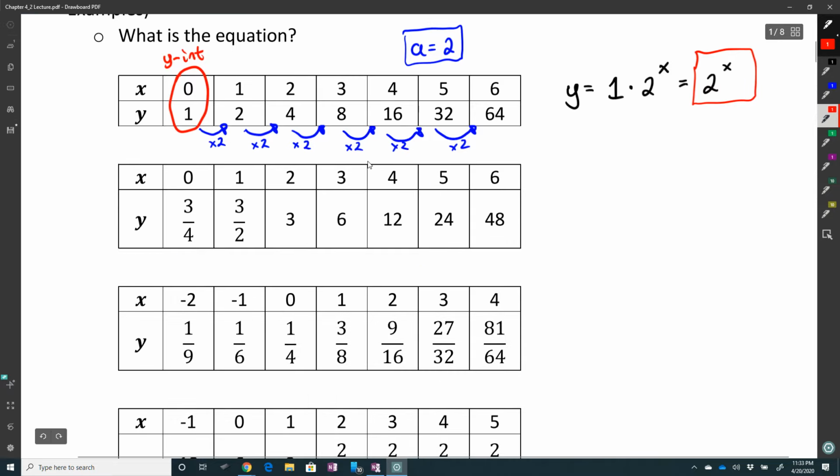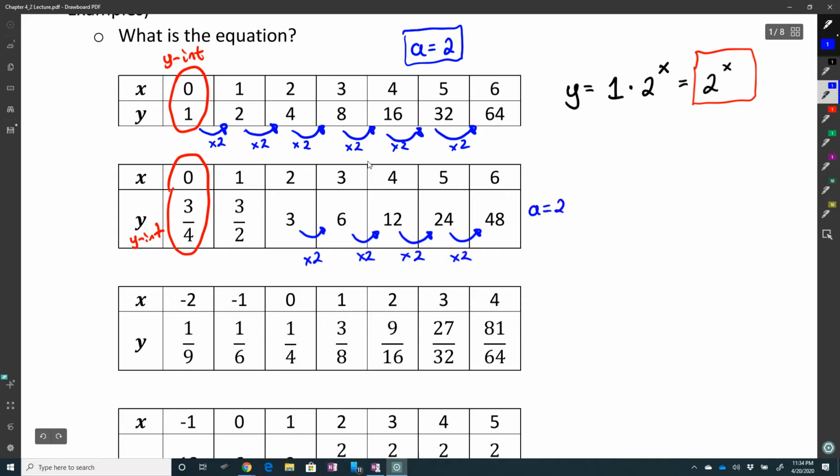The next one, we have our y-intercept here. And my multiplier is a little trickier, but if I look through them, the first two, it's kind of hard to see. But notice that the multiplier is times 2, times 2, times 2, times 2.